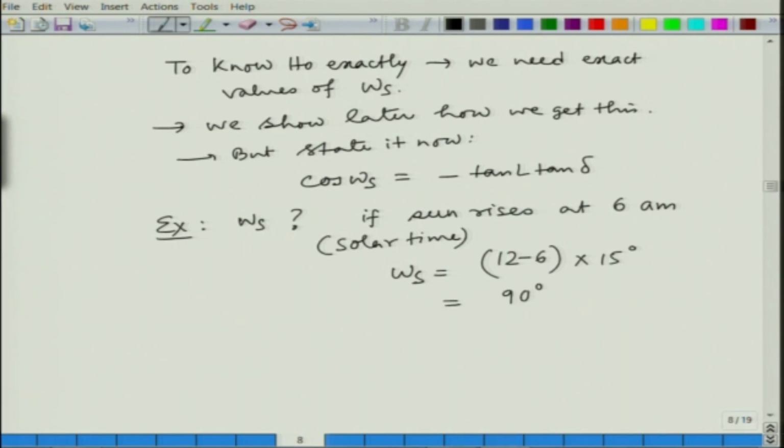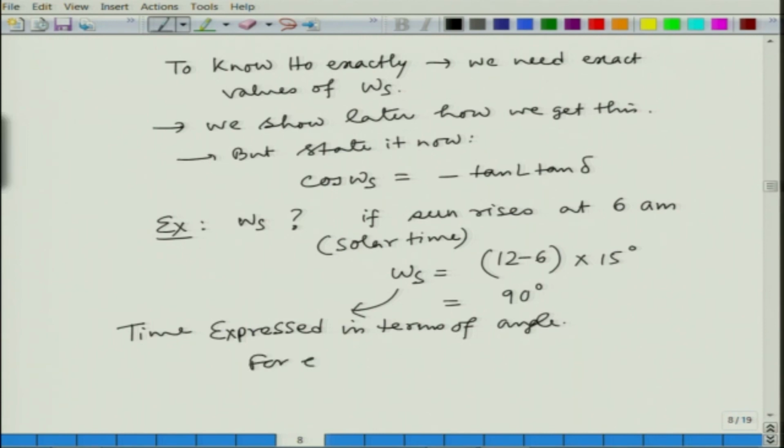So, basically this is time expressed in terms of angle, and when you have a gap of 6 hours from 12 noon to 6 am, and for each hour the sun traverses 15 degree.